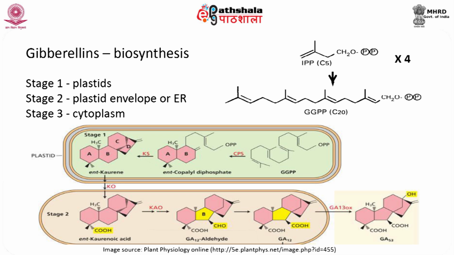Gibberellins are synthesized by the terpenoid biosynthesis pathway, in which larger molecules are built up from the 5-carbon compound isopentenyl diphosphate or IPP. Four units of IPP form the 20-carbon diterpenoid geranylgeranyl diphosphate, GGPP.